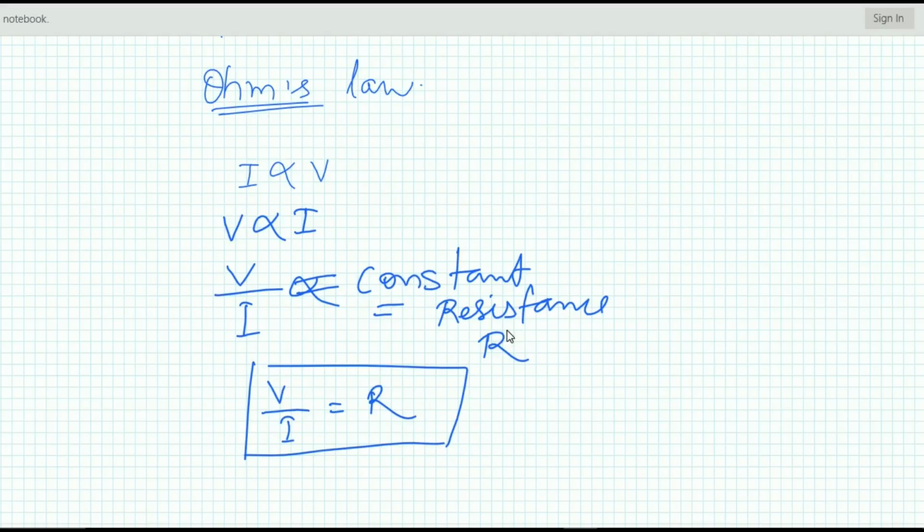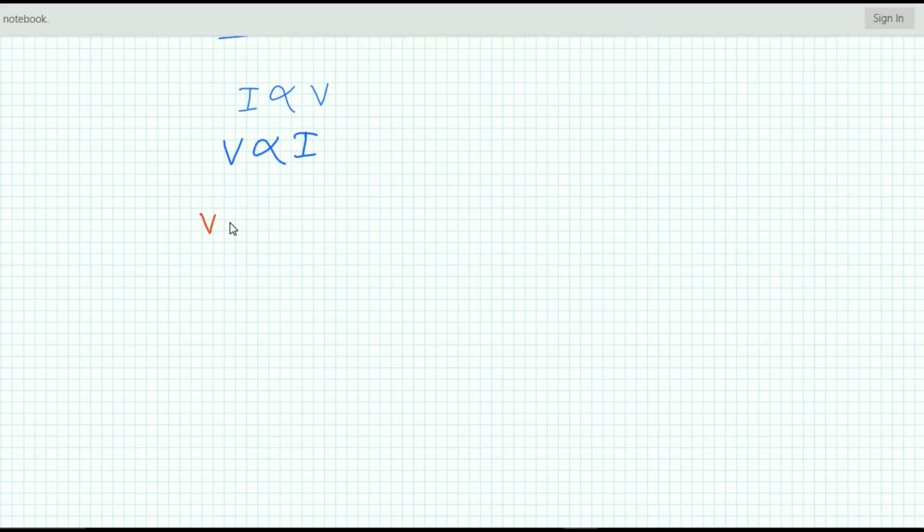It can also be written as V equals IR. If the current flowing through the conductor is 1 ampere, then V becomes equal to R. That means the resistance becomes equal to the value of the potential difference.